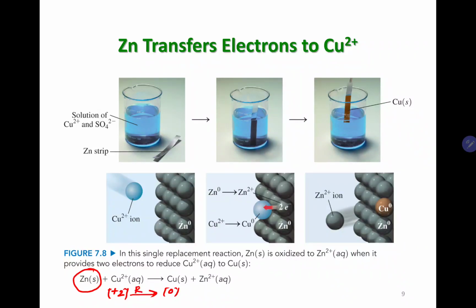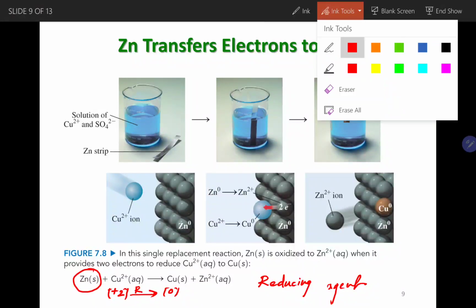How does it help the reduction? Because zinc will oxidize. That process will help the reduction. Okay, so zinc will be your reducing agent. So that is how you identify oxidizing agent and reducing agent.